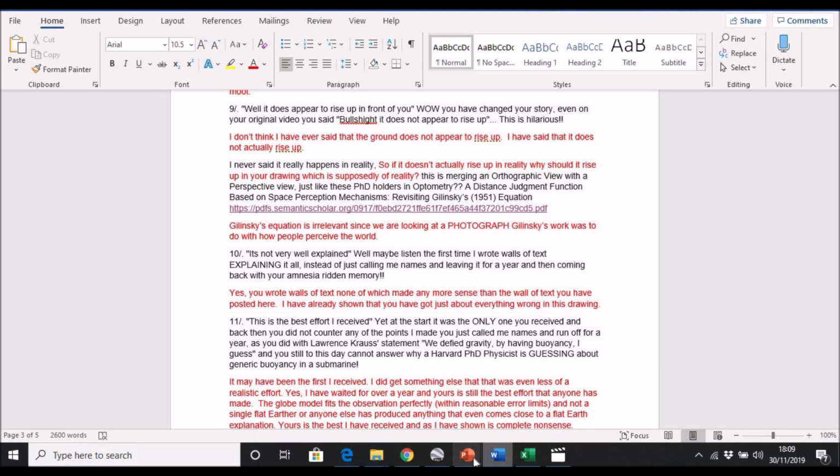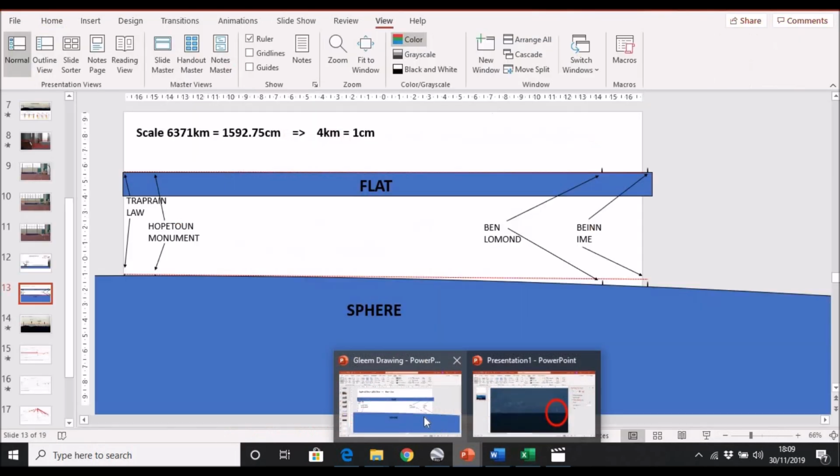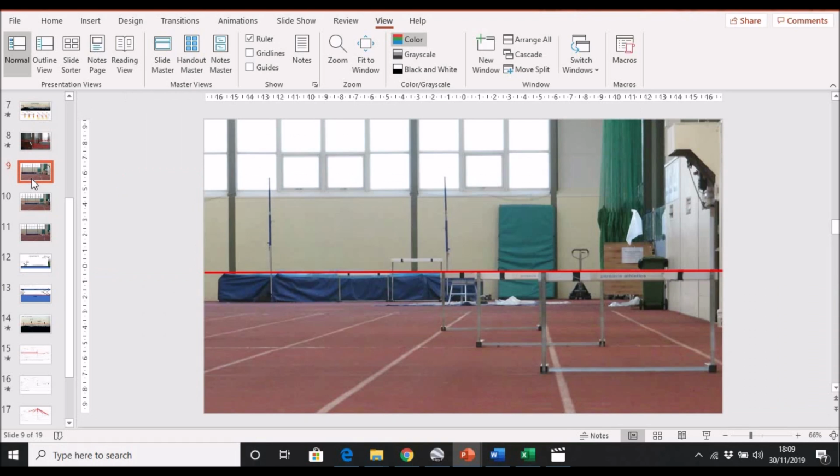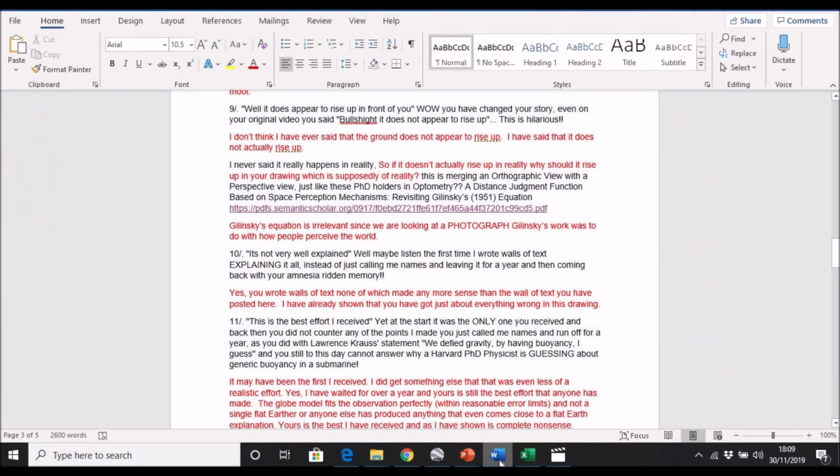When I was looking along this athletics track, I saw the athletics track appear to rise up in my field of view in the same way that it does for the camera here. This is not an issue for me. Why Gleem should think that it is an issue for me, I don't know.